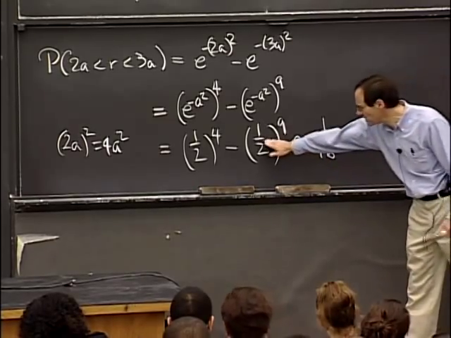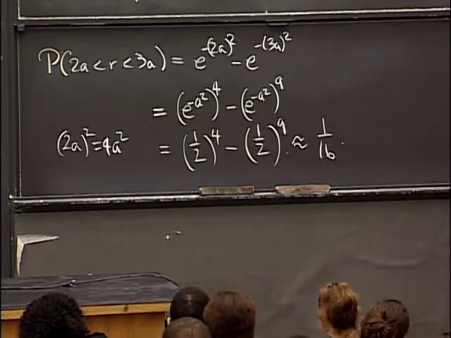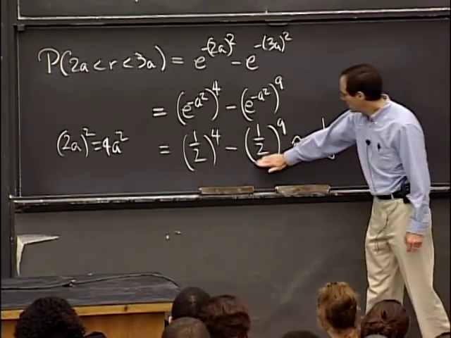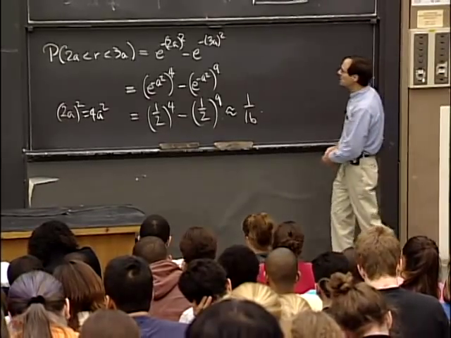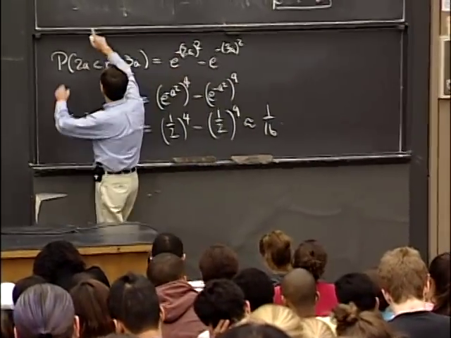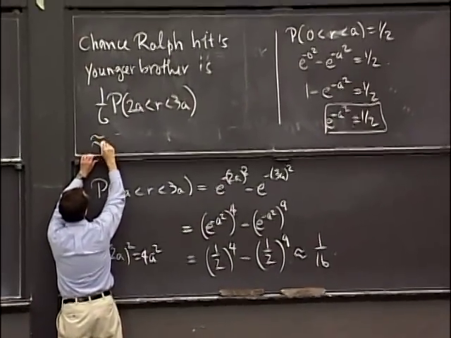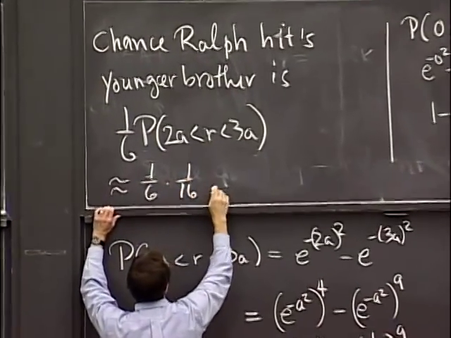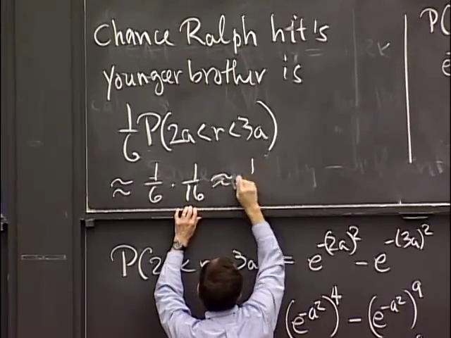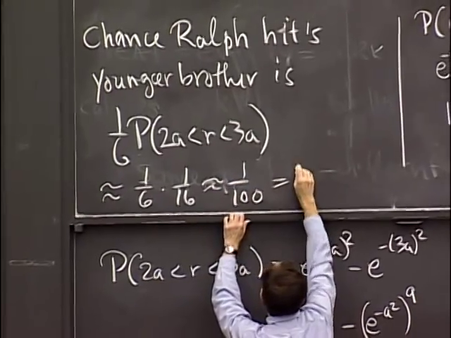The second part is negligible, and this is actually why these tails, as you go out to infinity, don't really matter that much. So this is a much smaller number, and the probability of the whole band is 1/16. Now I can answer the question up here: this is approximately a sixth times a 16th, which is about 1/100th, or about 1%.